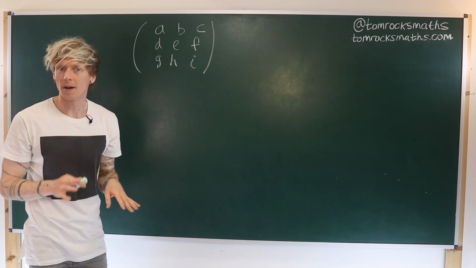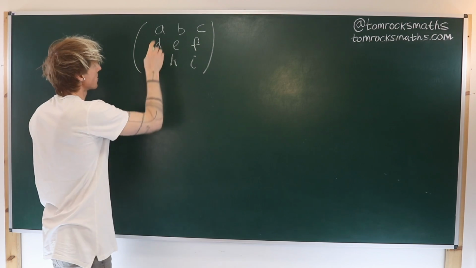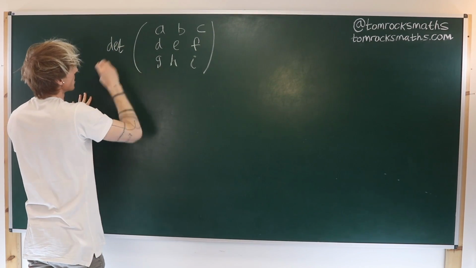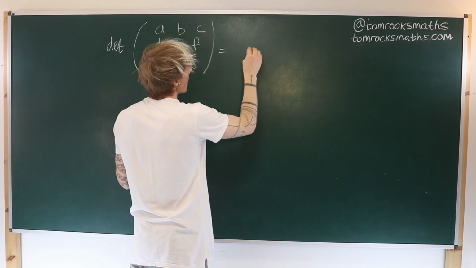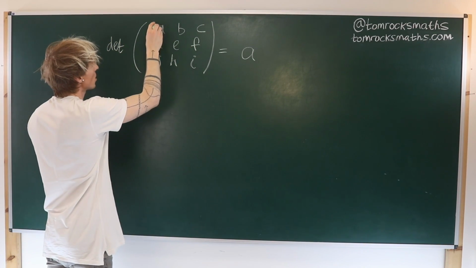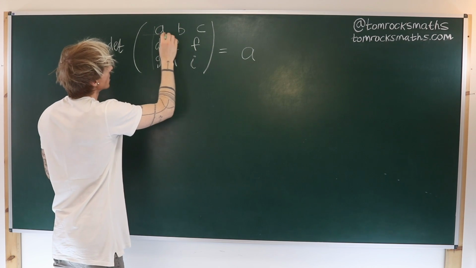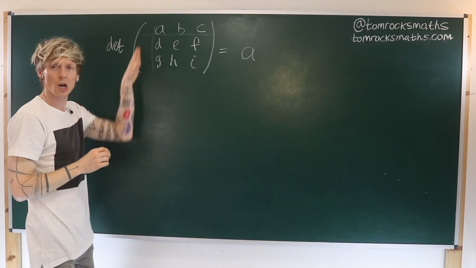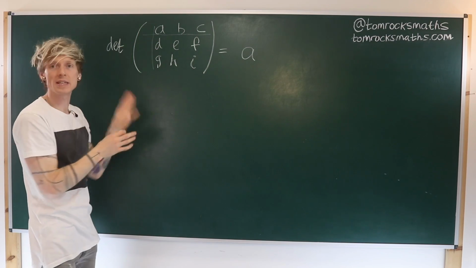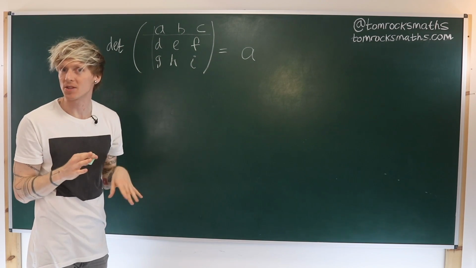So we start by taking the first entry, A, so we can say the determinant of this is equal to A. We take the first entry, A, and then we cross off the other entries in that first column and in that first row. I like to draw these lines in so I can keep track of what I'm doing.